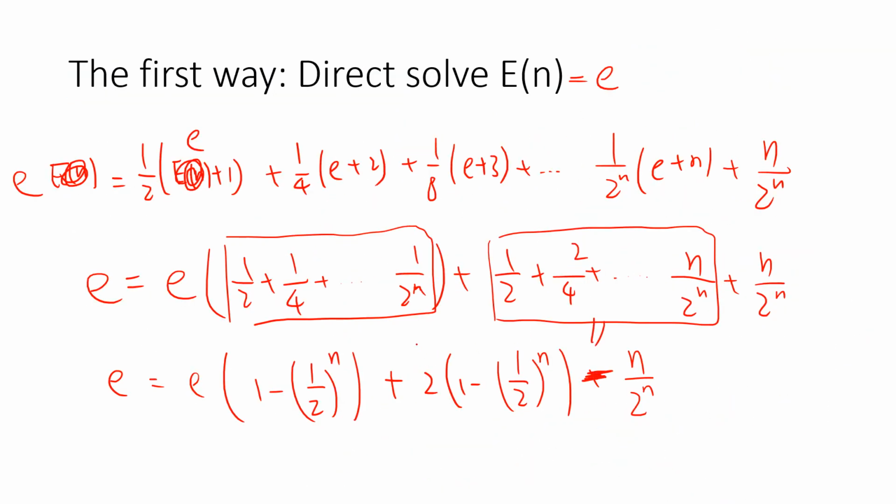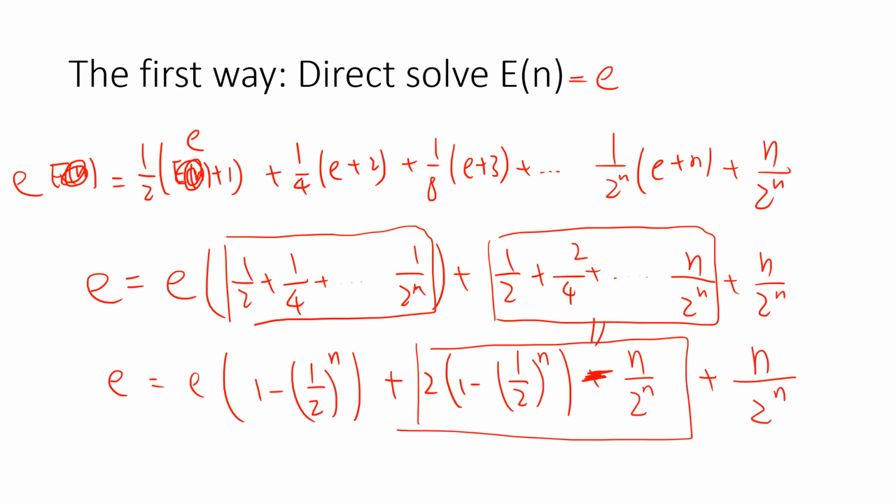So this is this term. And then remember there are final successful term. So basically these two terms cancelled. And then you express this E to the left hand side, you get this one.